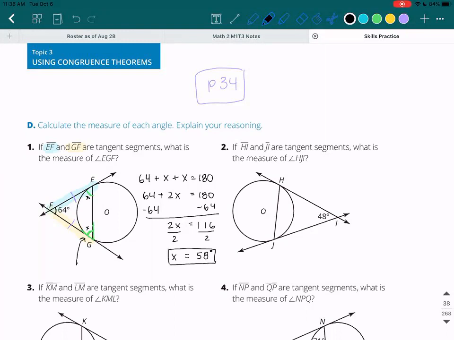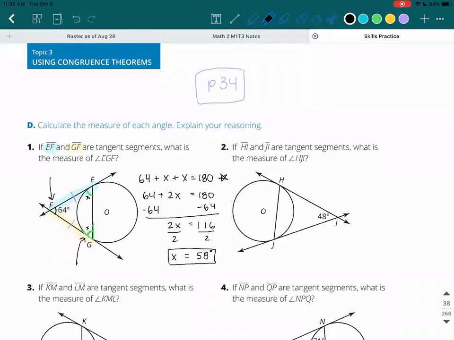Okay, so I just did one example with you guys so far. Did you guys have any questions? Oh, wait, so how do we get the x's again? Okay, so I call the two green angles x, right? And then you have to add up the three angles to equal 180. That's what I did in this step.